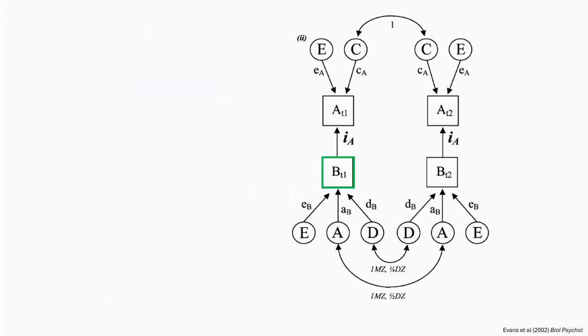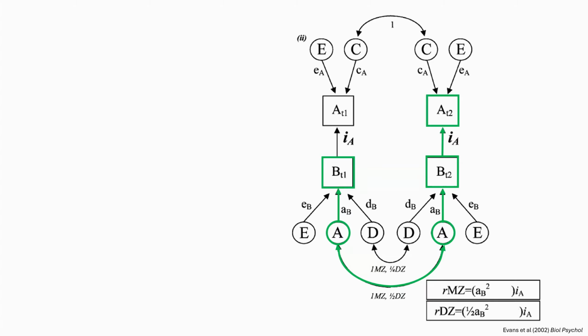We start at twin 1 variable B and trace backwards through the latent variable A, through the two-headed arrow, changing direction from backwards to forwards, through the latent A variable, forward along the A path, through twin 2 variable B, along the causal path from variable B, and finally to twin 2 variable A.